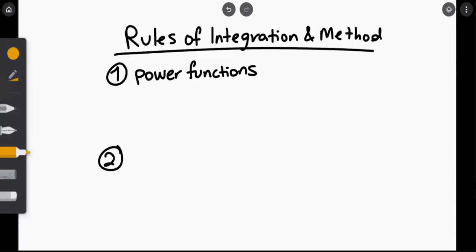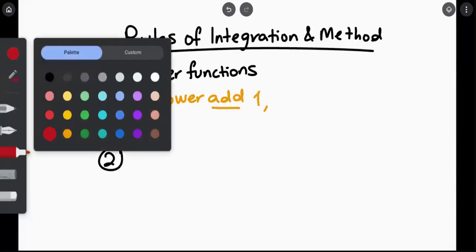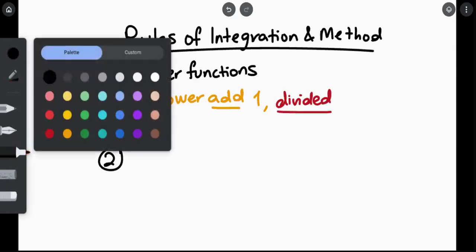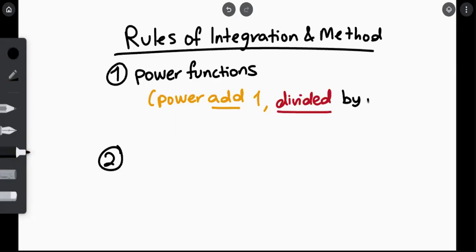This time it is power add 1. Then because you times the power, now it is divided by power. I will show you an example of what power function is.